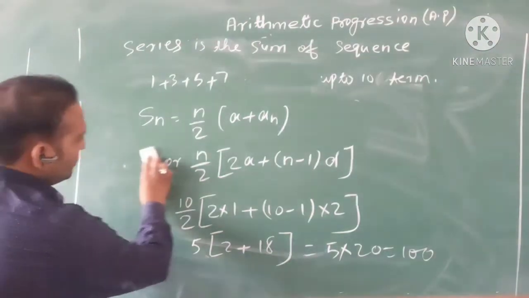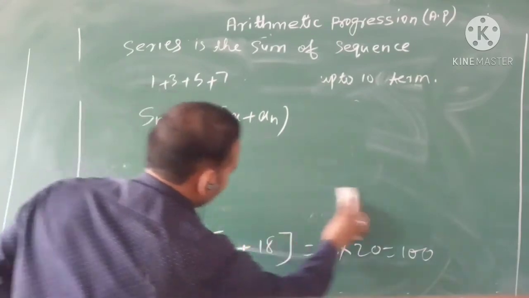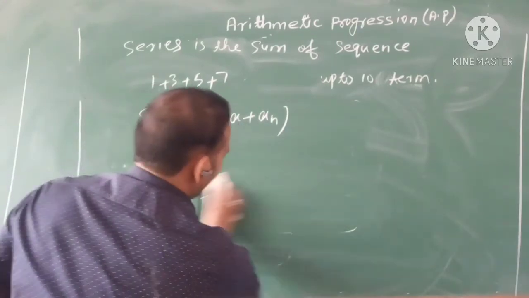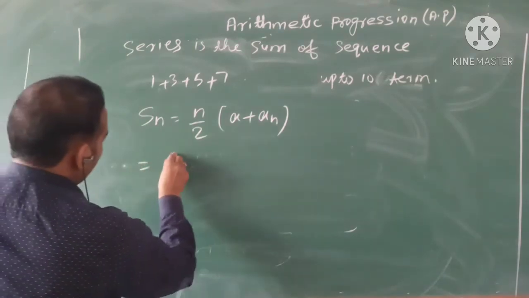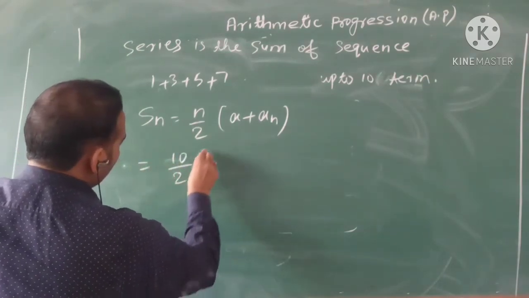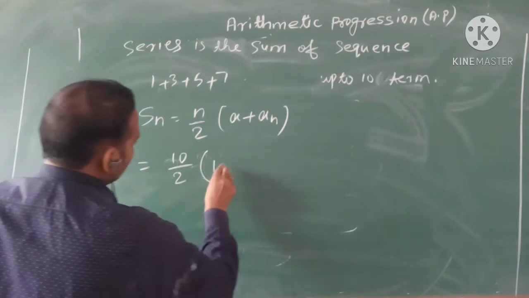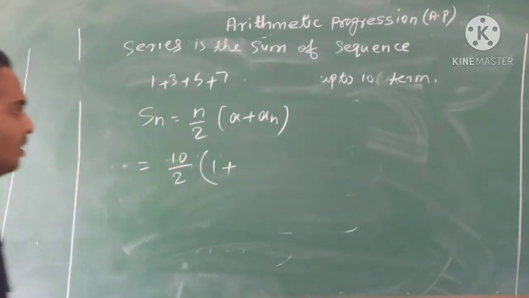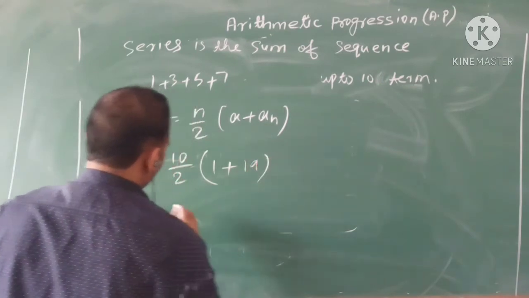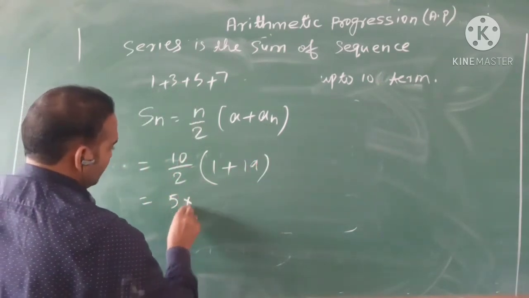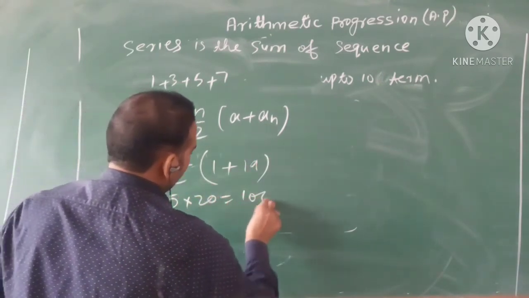Again with the help of the other formula, n is 10 by 2. The first term is 1 and the last term we found is 19. 5 into 20, that is 100.